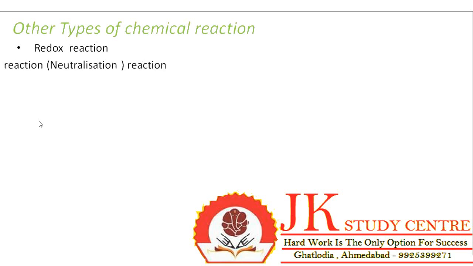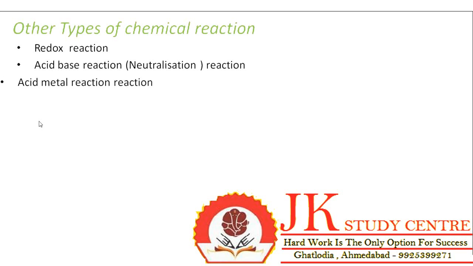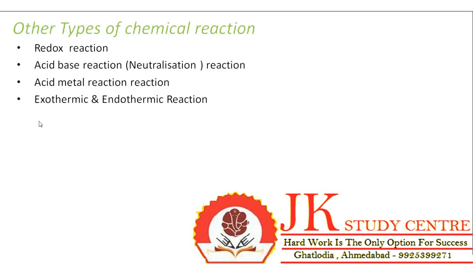But there are other types of chemical reactions also, based on property. Redox reaction is whether oxidation or reduction is going on. We'll explain this. Acid base reaction is whether the reaction is between acid and base. Acid and metal reaction. Exothermic, endothermic, that is whether the reaction is giving out heat or we have to provide heat for the reaction. Precipitation reaction, whether you get precipitates from that reaction.